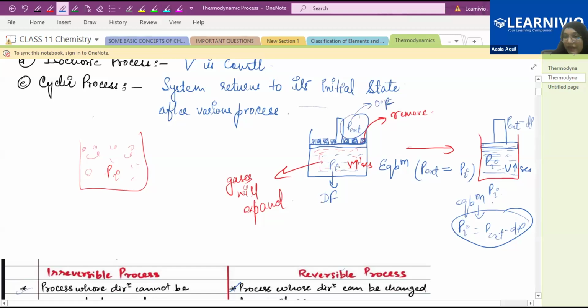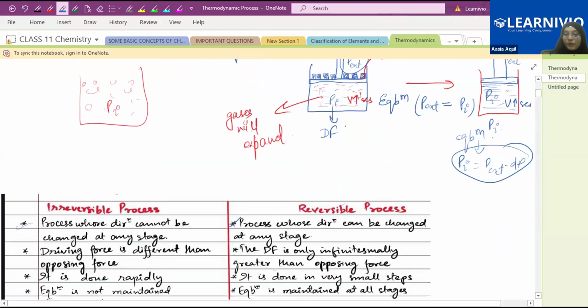Okay, because here P internal tries to, basically, the gas particles are there. The gases will try to expand, and P external, which is an opposing force, is stopping this. So here in the reversible process, the driving force is only infinitesimally greater than the opposing force.